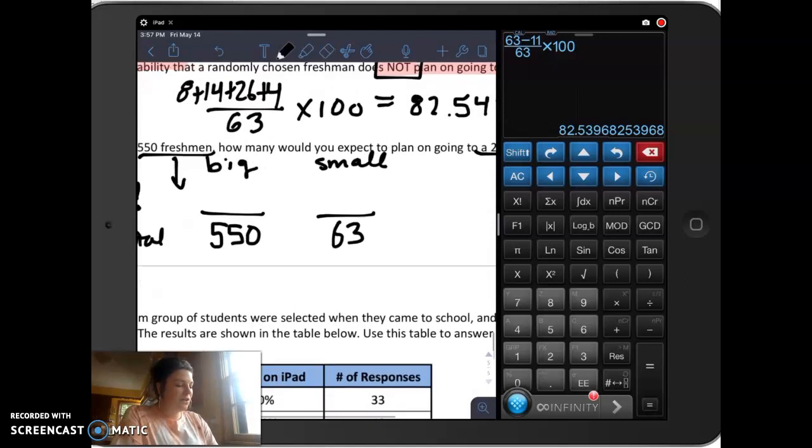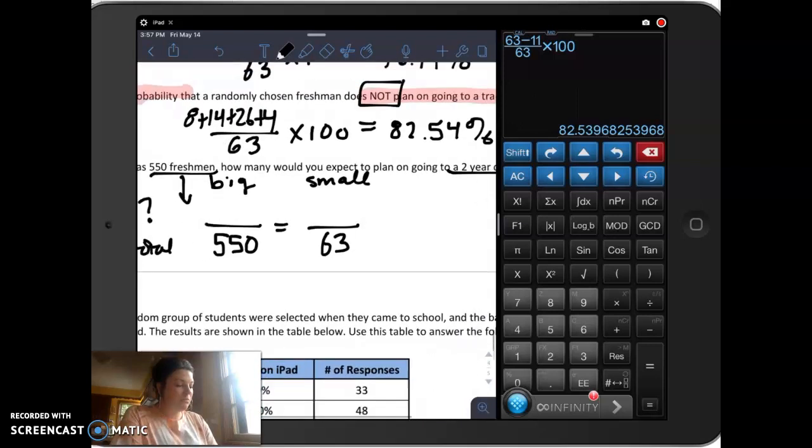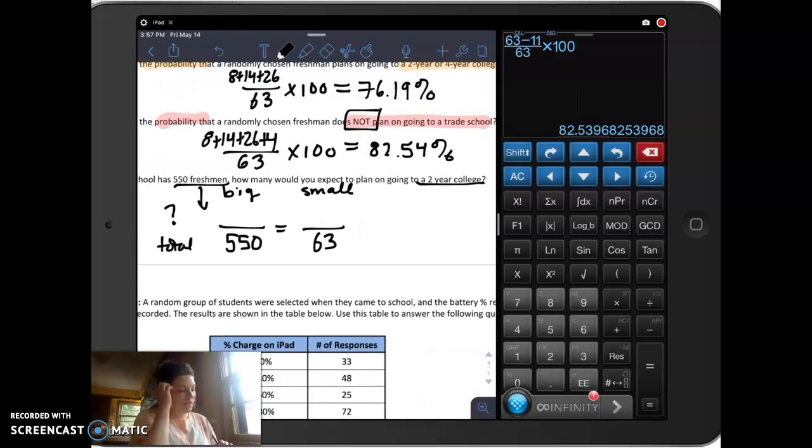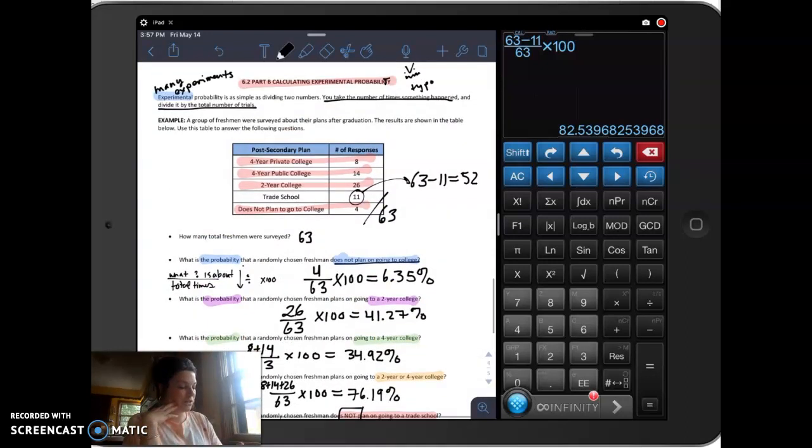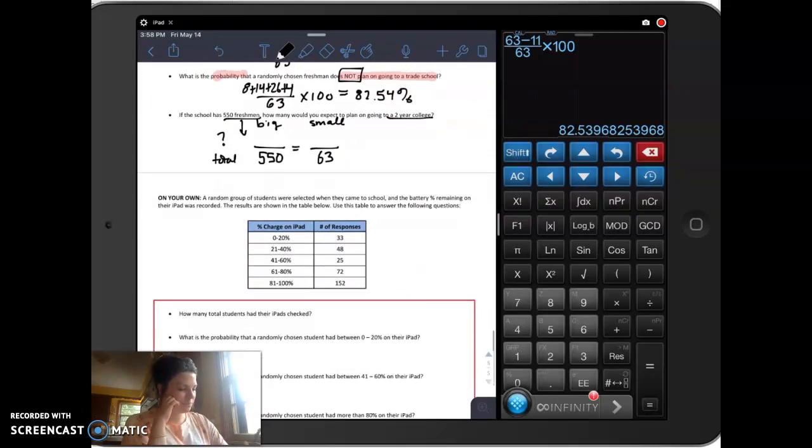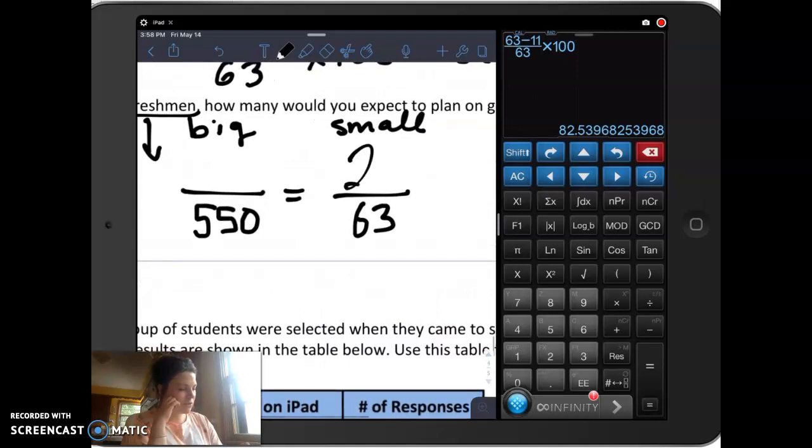All right, and so the small number is from our experiment. So 2-year college, wow, I am stuttering up a storm here. So we have 26 is our number for 2-year college. So I'm going to put 26 right there.